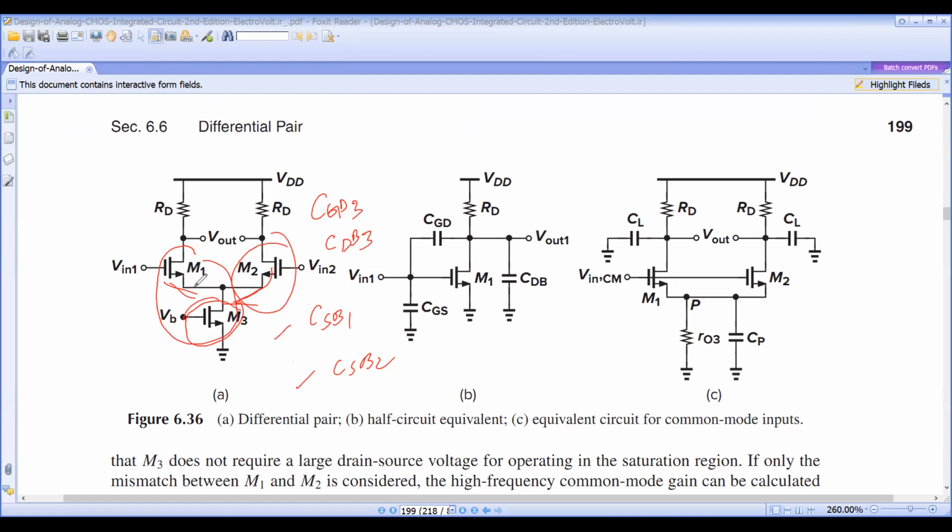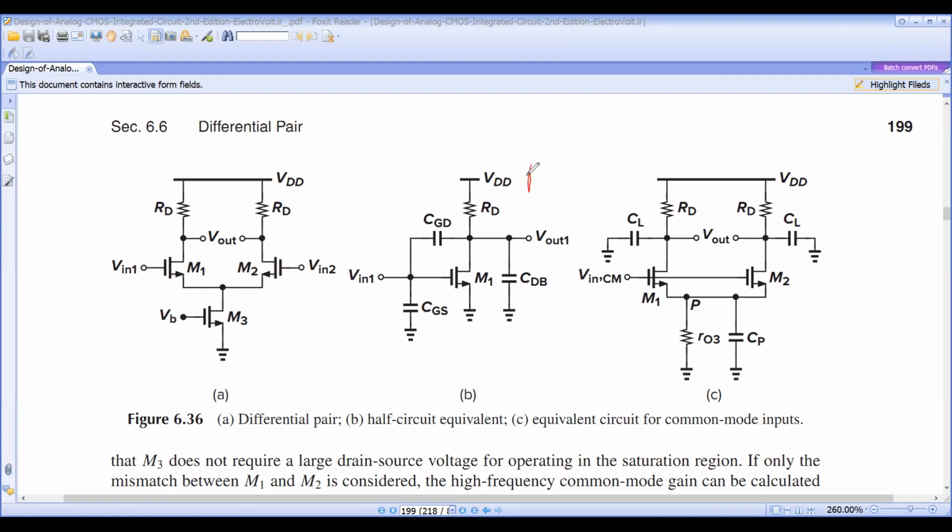So what will this differential pair circuit do? The circuit will convert the input common mode variations to a differential error by a factor equal to the following. I'm writing this formula from the previous module, differential amplifiers.